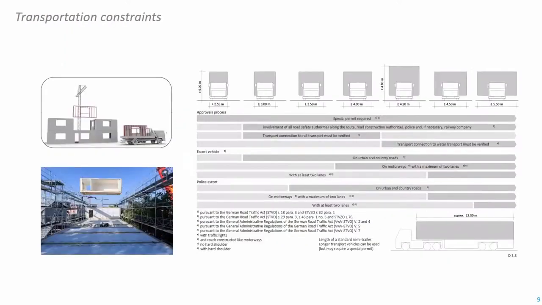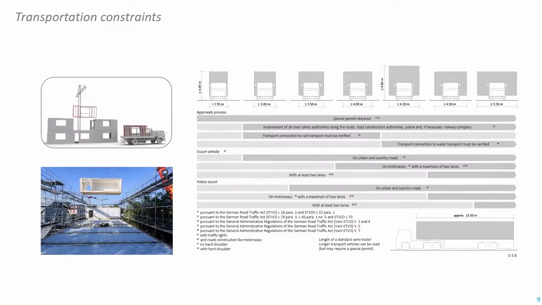Obviously, the transportation constraints matter. By law, in any country, there is a certain type of container or system that you can still bring on site without needing some kind of special permit to go through the streets. And that's a major influencing factor for the size of the elements that you prefabricate.